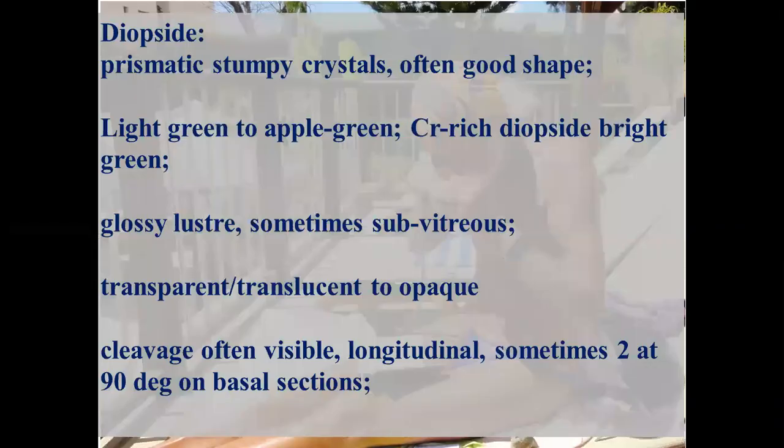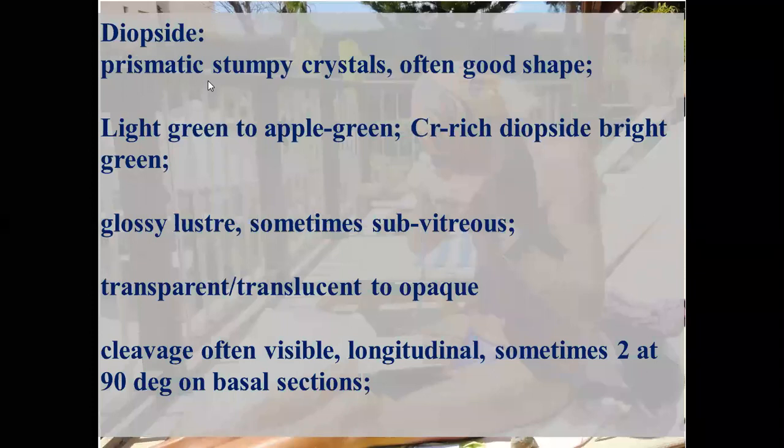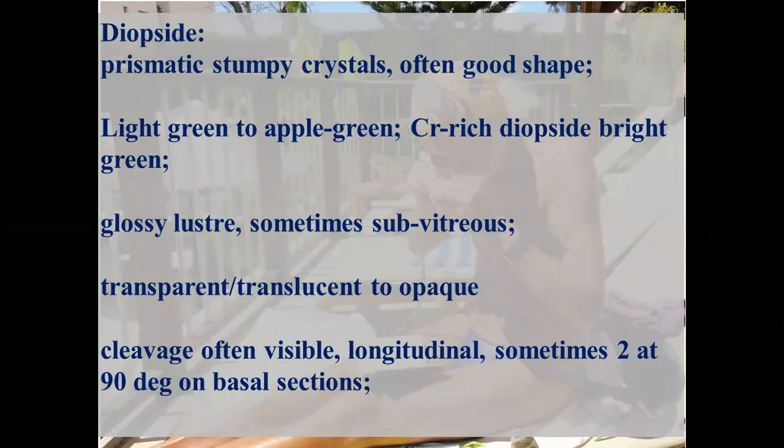And diopside is the calcium rich one. As it says here, you can have a chromium rich variety of diopside, which is even brighter green. But the characteristics of diopside, just like the pyroxenes, because it's just another pyroxene, a calcium rich pyroxene, they have this prismatic stumpy nature, often good crystal shape.